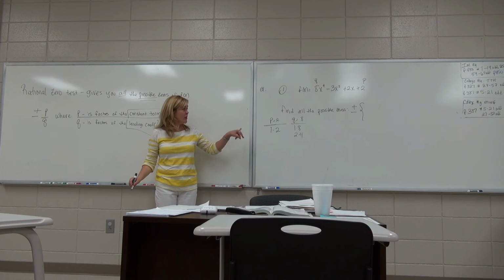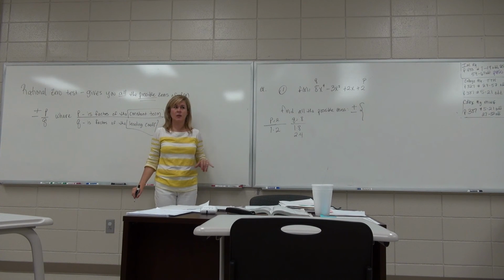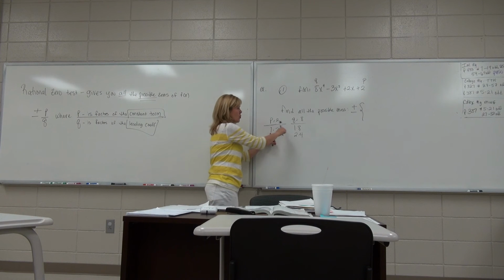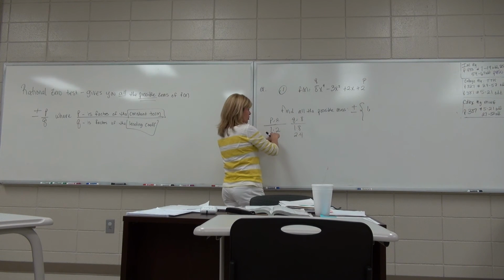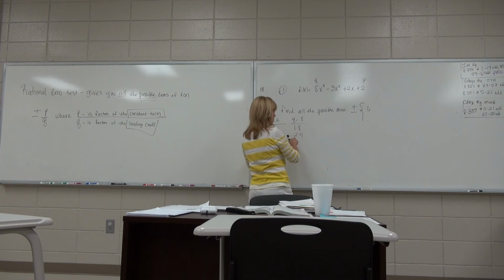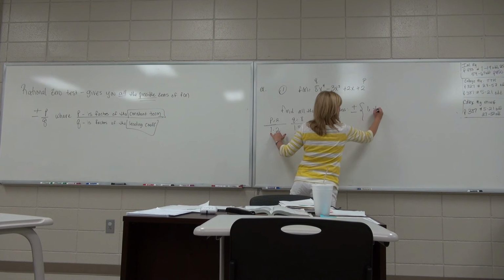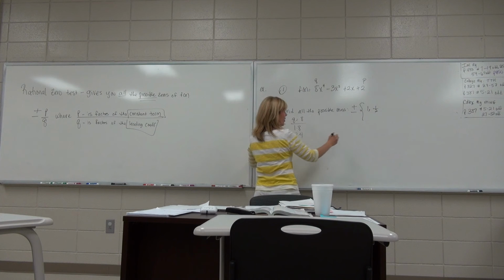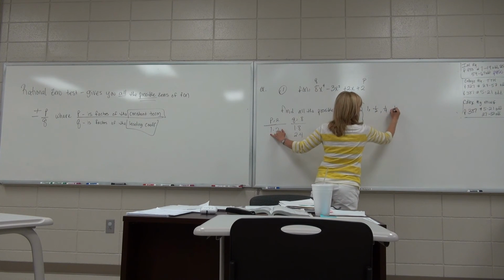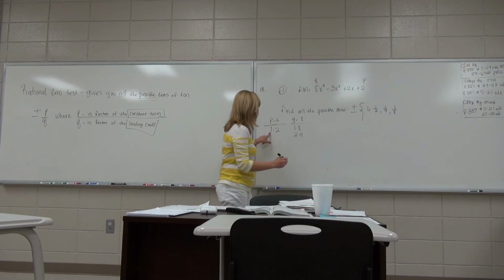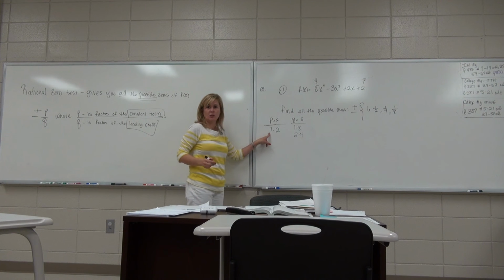We've got to put every P over every Q. So you start with 1. What's 1 over 1 equal to? 1. I just go straight through. What's 1 over 2? 1 half. What's 1 over 4? 1 fourth. And then 1 over 8 is 1 eighth. So you put the first factor of P over all those Q's.